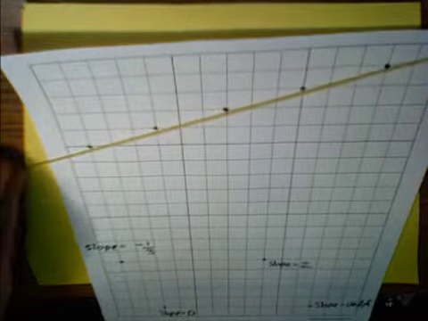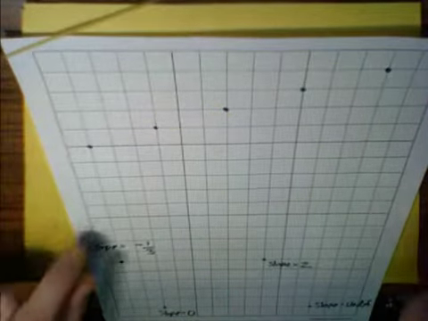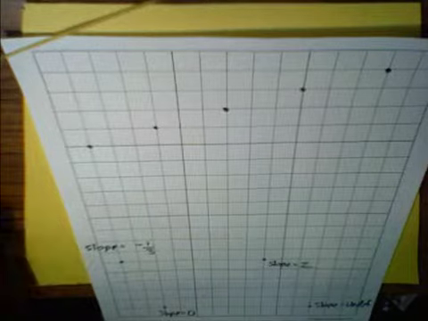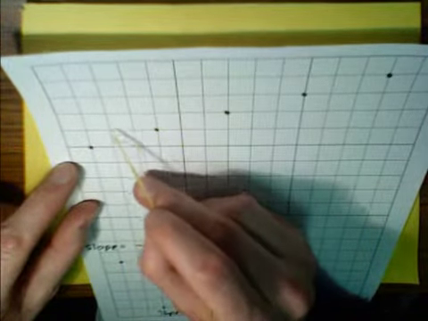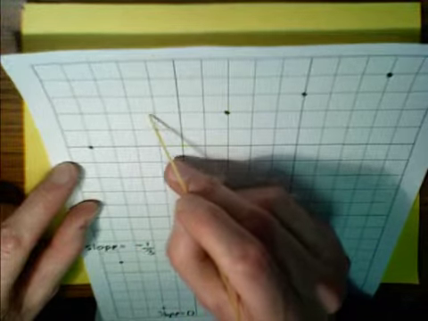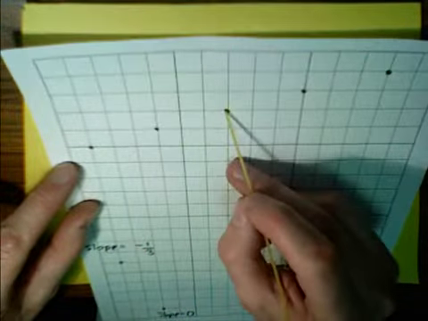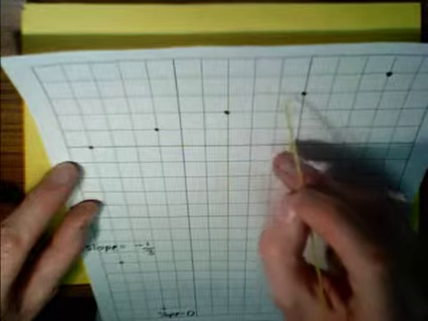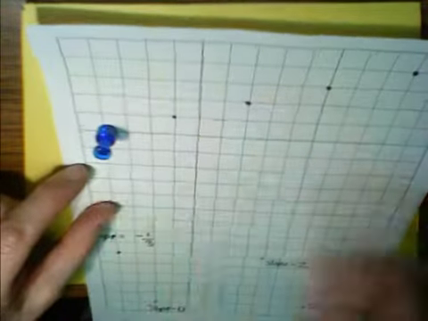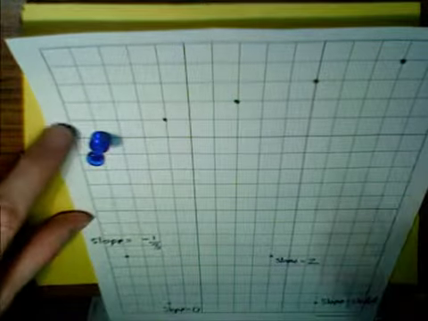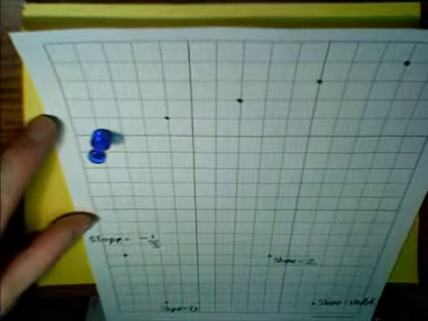I'm going to move the spaghetti out of the way, and we're going to count increments of the slope. So here I rise 1 and I'm running 3. Rise 1, run 3. Rise 1, run 3. Now sometimes students get confused as to counting, and so one way of counting this is just imagine it's a board game piece.